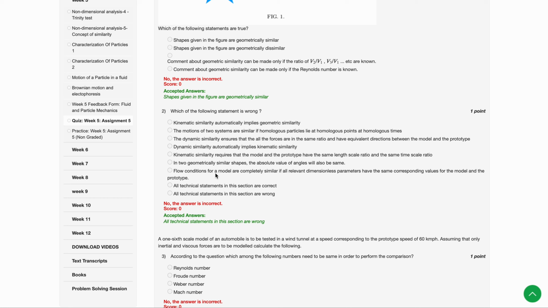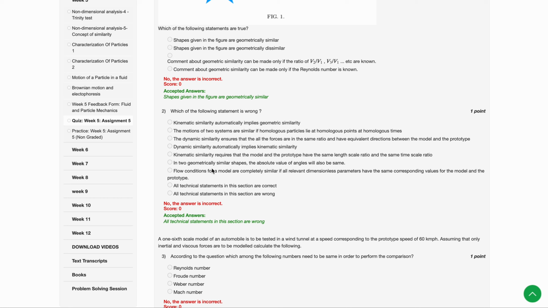The flow topology, or the kinematics of the flow, should also be the same, so the non-dimensional number representing the kinematics of the flow for both the prototype and the model should be the same. Also, the non-dimensional number representing the dynamics of the flow in the model and the prototype should be the same.